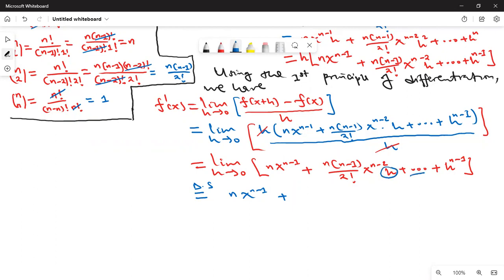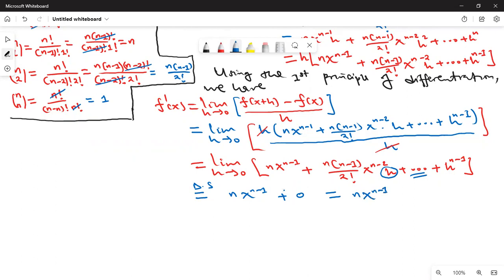And what we have here is higher powers of h. So everything will be 0 because h is equal to 0, and 0 raised to anything is 0. So therefore, our answer here is n x raised to n minus 1.